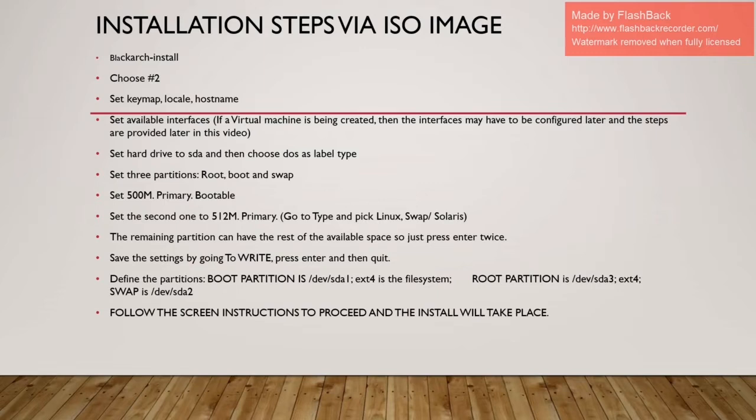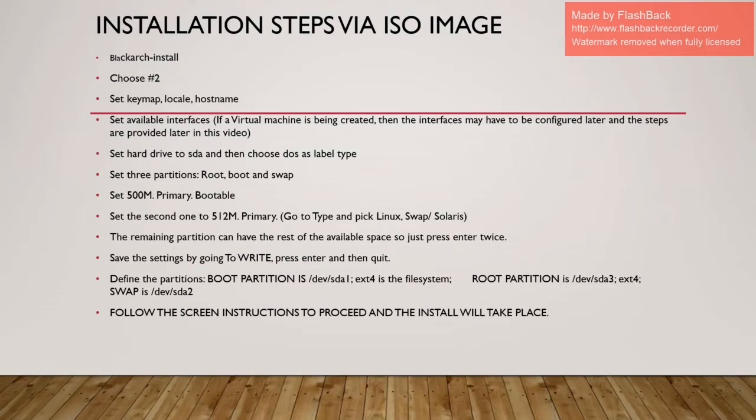So with installing BlackArch Linux using VMware, you want to set the hard drive to sda. You want to choose dos as your label type. There are three partitions you want to set up: root, boot, and swap. The bootable partition should be set around 500 megabytes, a primary partition. The second one is 512 meg, and that's the swap partition.